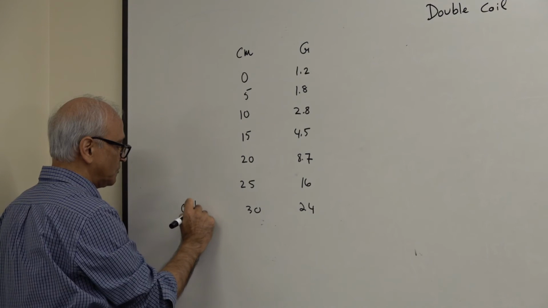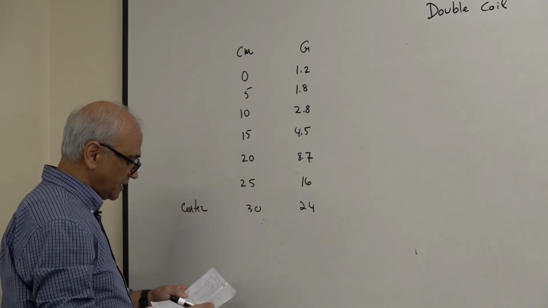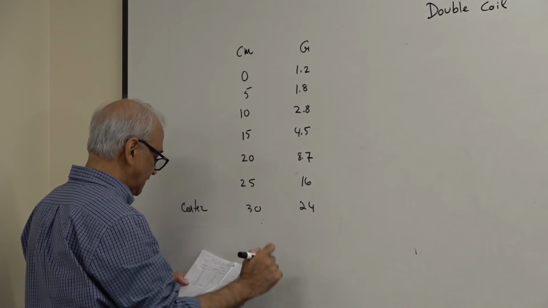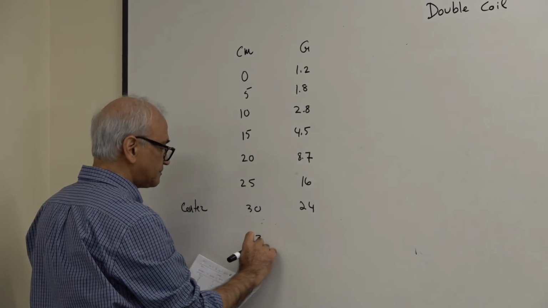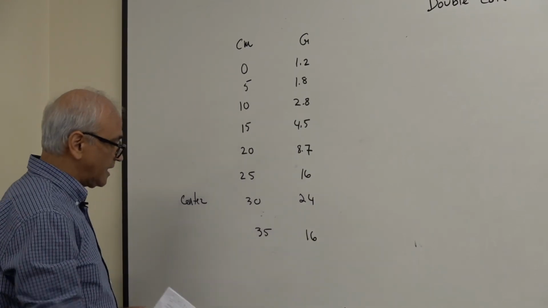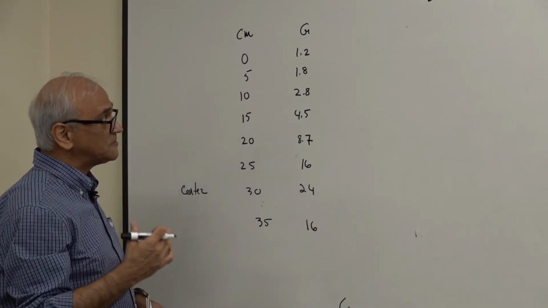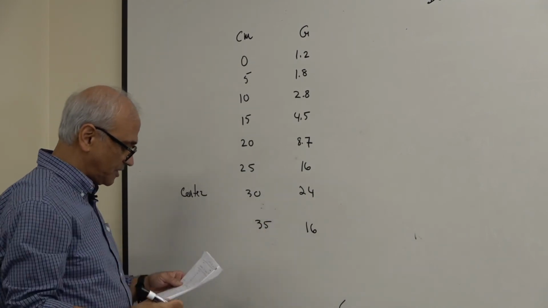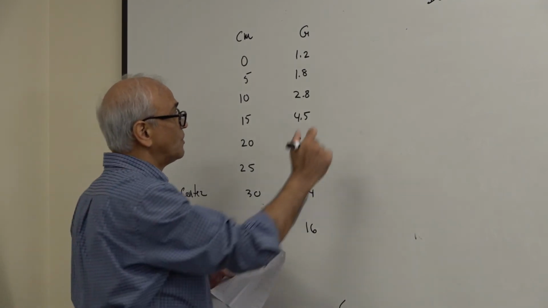We arrived at one of the centers. Then 35, we got 16. And then we took a series of 1 centimeter measurements. After it kind of dropped right there, we took a series of 1 centimeter measurements.